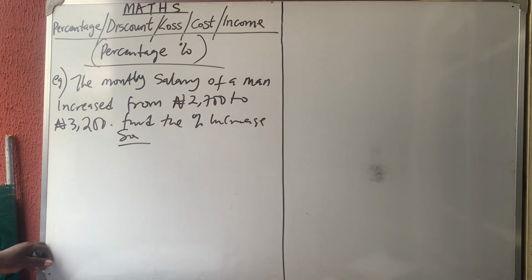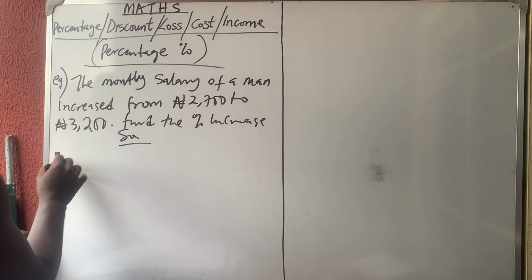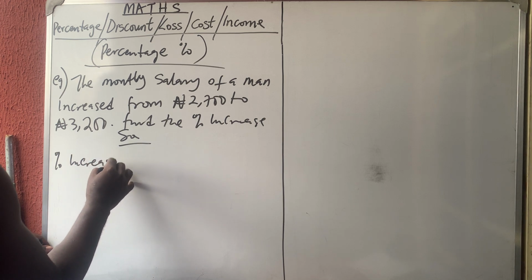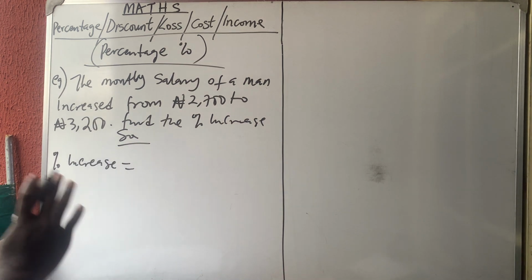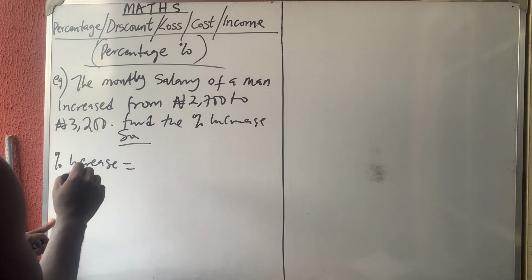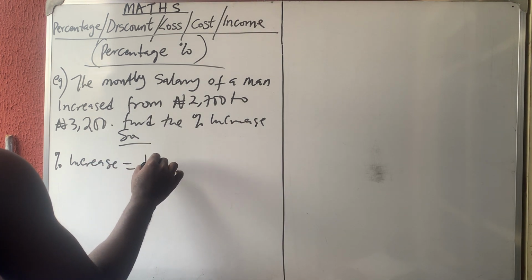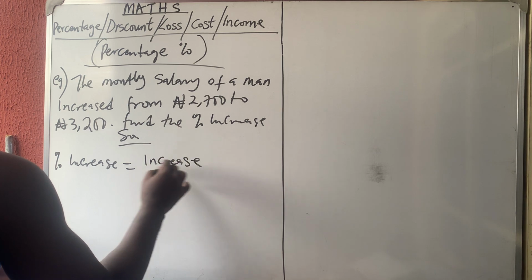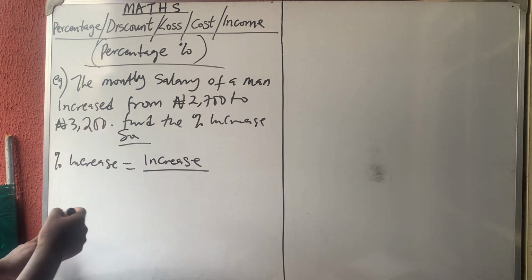Solution. Now the percentage increase is the increase over the normal one, times 100 over 1. It should be increase or decrease depending on the one they want.